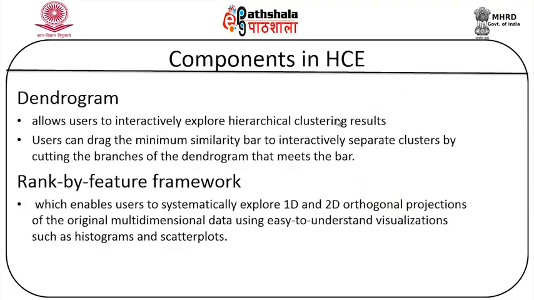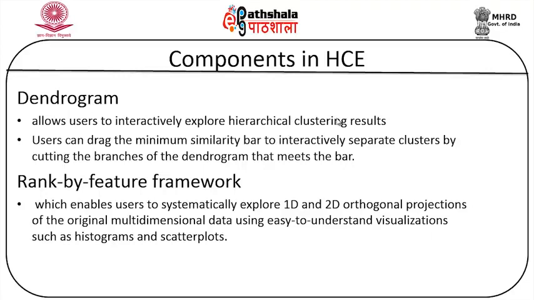The various components in HCE are the dendrogram, which allows users to interactively explore hierarchical clustering results. Users can drag the minimum similarity bar to interactively separate clusters by cutting the branches of the dendrogram that meet the bar.